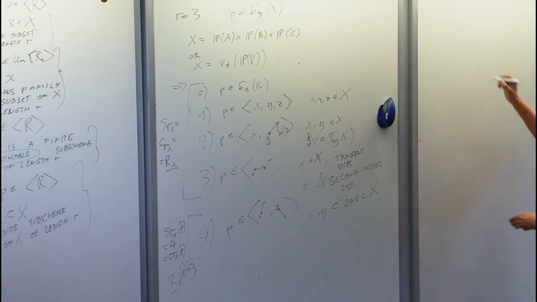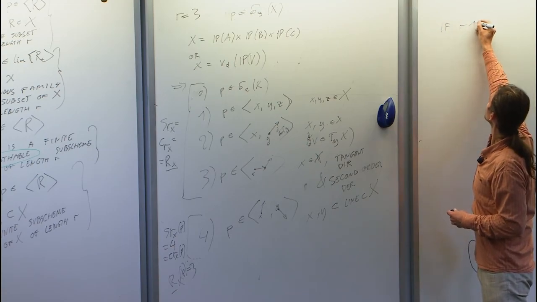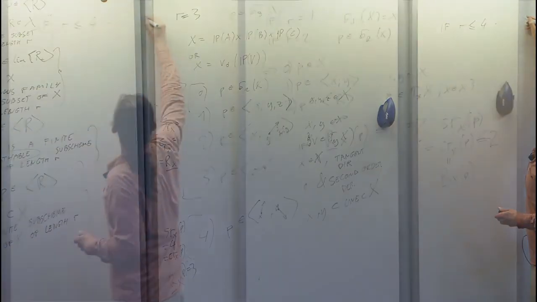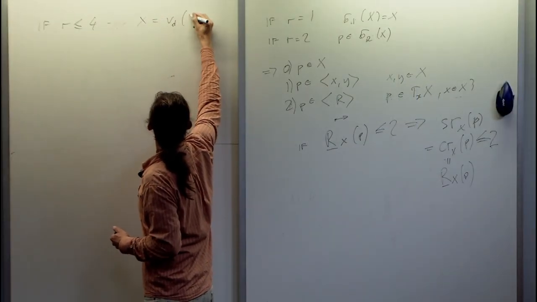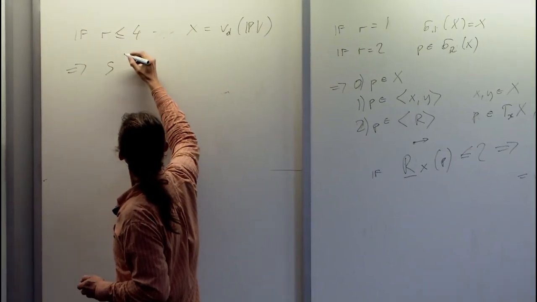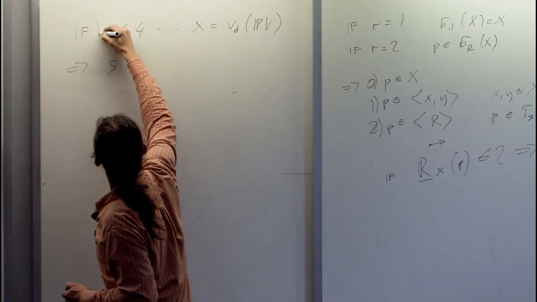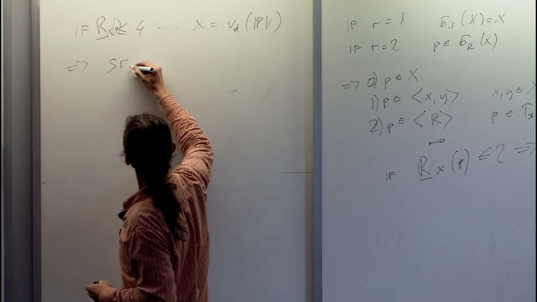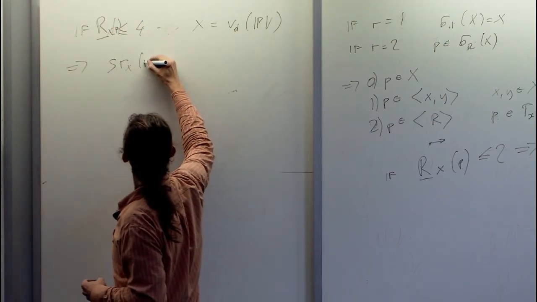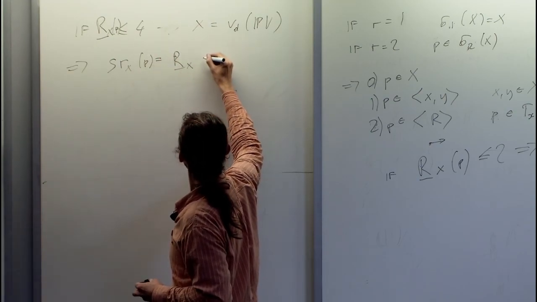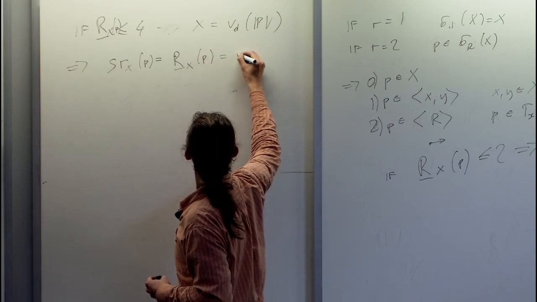So if R is less than 4, and X is the Veronese, then we always have just the border rank here, and we always have smoothable rank equal to the border rank, equal to the Cactus rank.